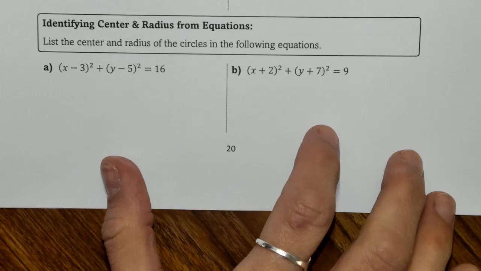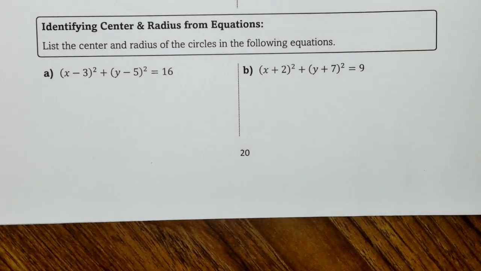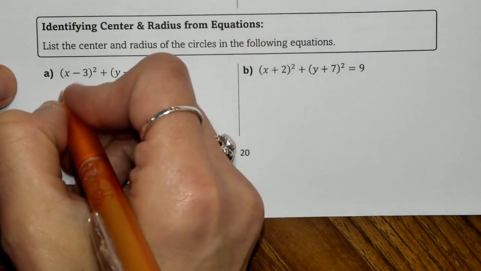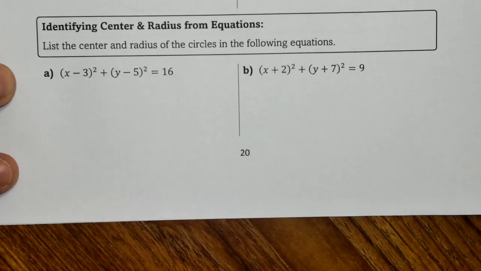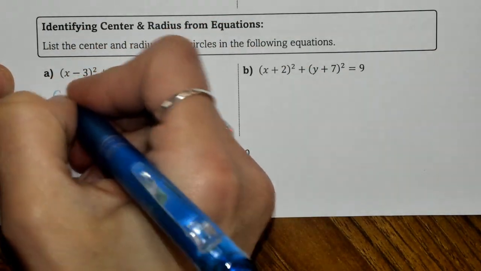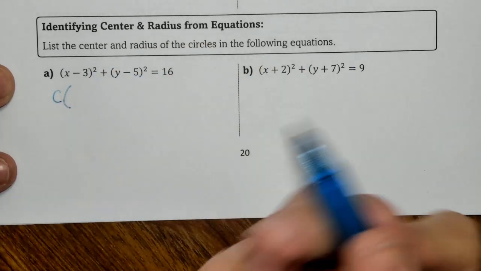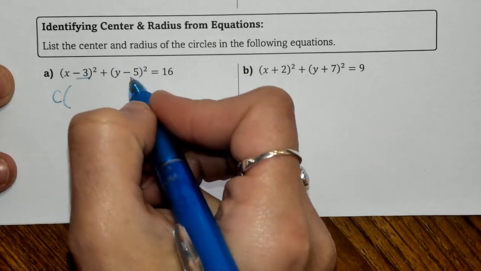Now we're going to go the other direction, and we're going to grab the numbers out, and figure out, okay, what's our center and what's our radius? So here we're going to take our center. All we need to do is identify where our h and our k is. Well, here's our h, here's our k.